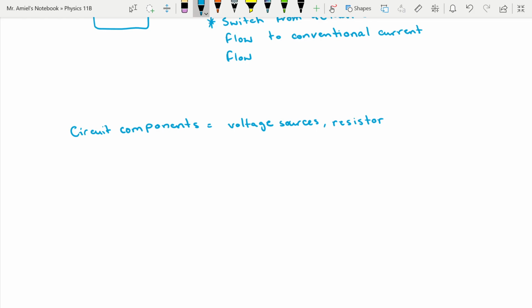It's just important for us to have some idea of circuit components, because when we go to talk about things like junctions, and a junction is also called a node, one junction or node is a connection between two components.